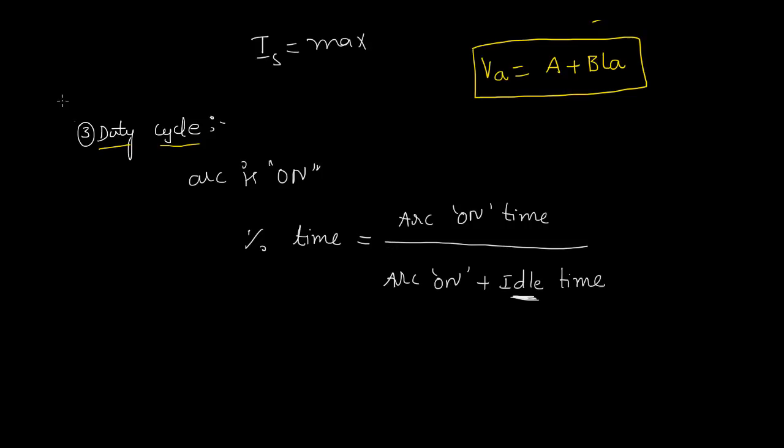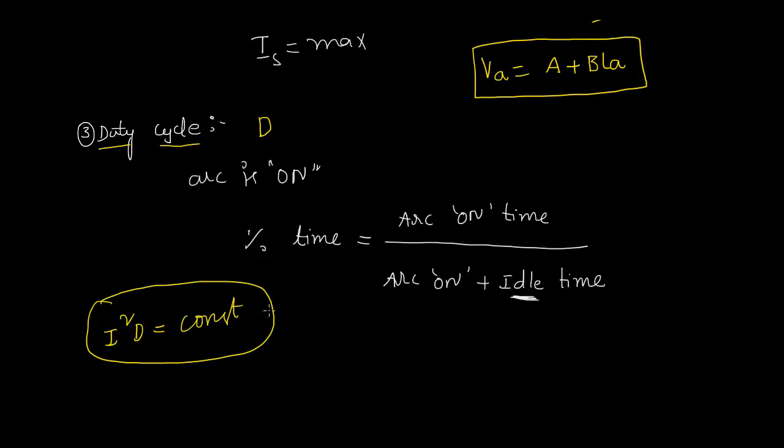Duty cycle is denoted by the symbol D, and there is a specific relation between the current and duty cycle, that is I square D equals constant. This is also a star mark formula. You have to remember this.